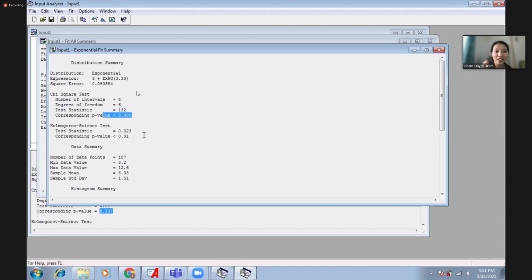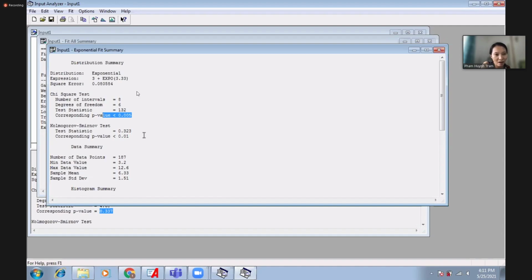Tại vì validation là mình phải đo giữa thực tế với output của simulation của mình, đúng không? Sau khi đo được thực tế và lấy được từ simulation thì mình sẽ so sánh.